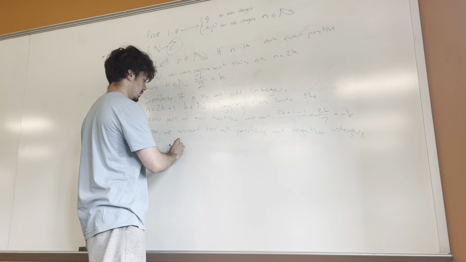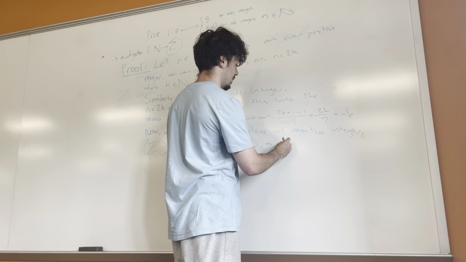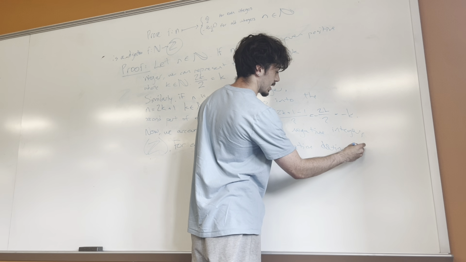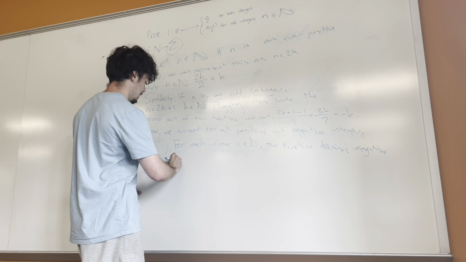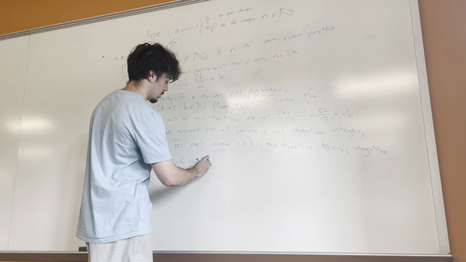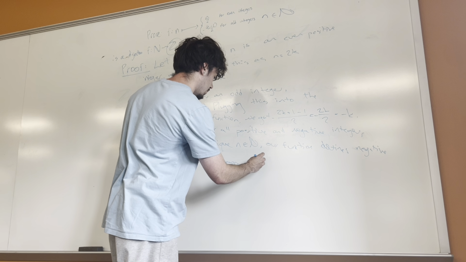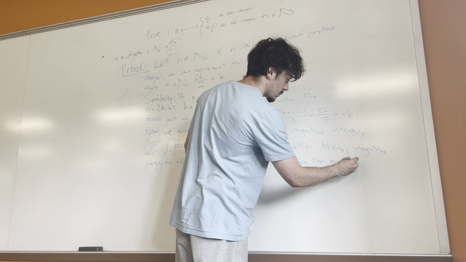So now we can say for each unique n in the natural numbers, our function defines negative integers for odd positive integers and positive integers from even positive integers.